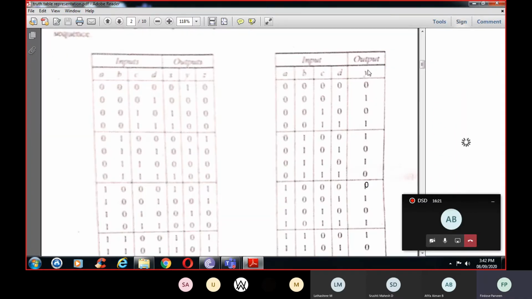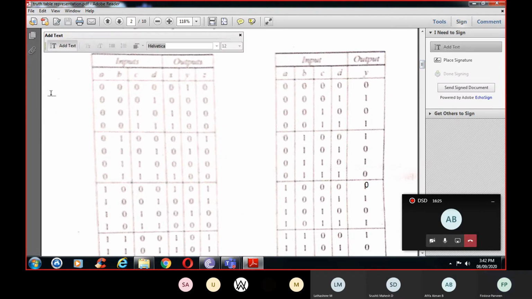I'll write here. 0, 0 means 0. Okay. So 0, 1 means 1. 1, 0 means decimal notation 2. 1, 1 means decimal notation 3.